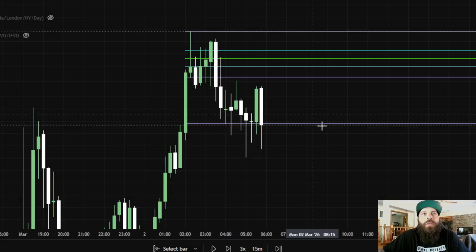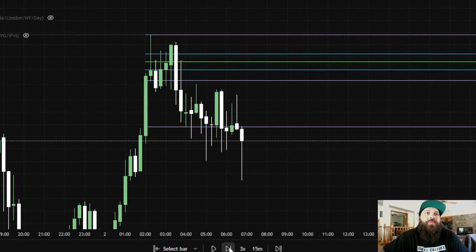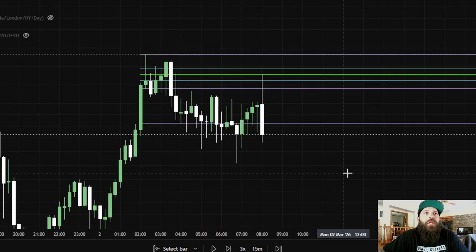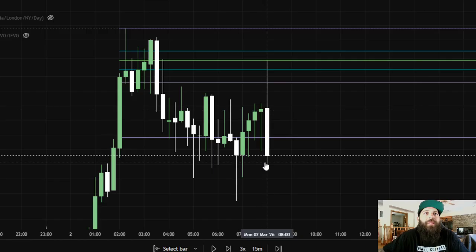I use it contextually. So I would wait here, see what happens. And okay, as you can see, what do we get? Absolutely candle 2. Okay, we went up, we got OTE, rejected perfectly off of the OTE, by the way.